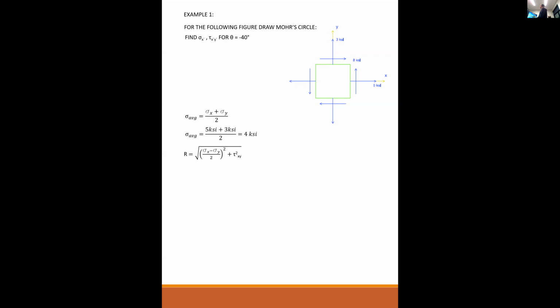And my radius of the circle is the square root of the sum of the squares. So we have sigma x minus sigma y over 2 squared plus tau xy squared. I can plug in those values, 5 minus 3 over 2, and 8 ksi squared, and the square root of the squares is 8.062 ksi. That's the radius of our circle.